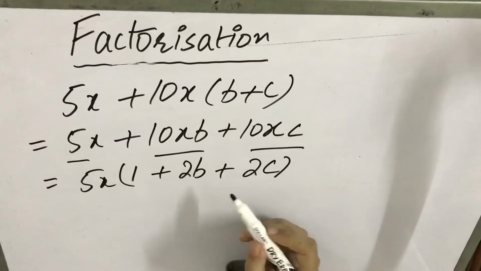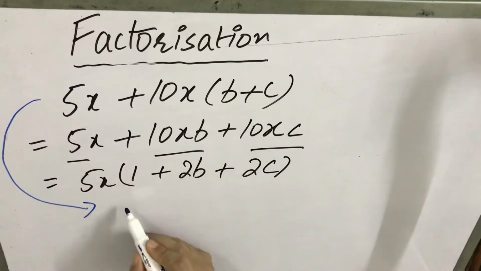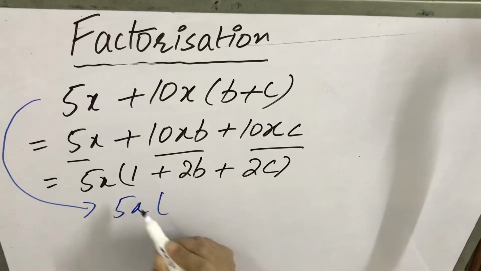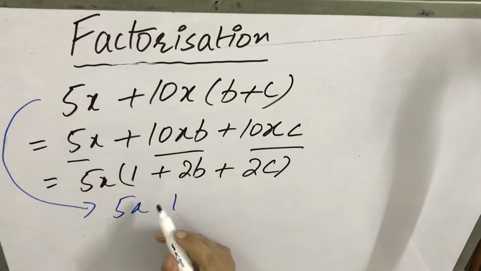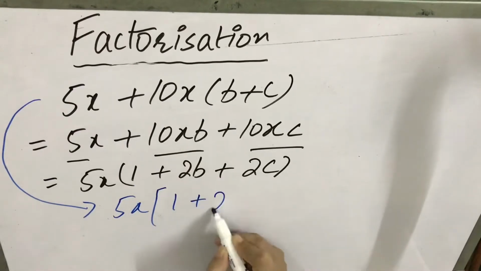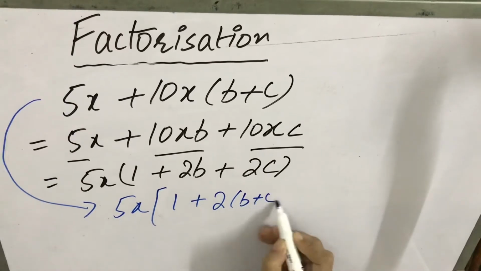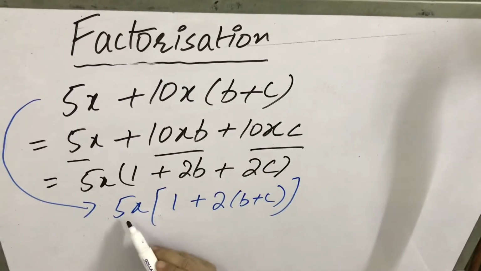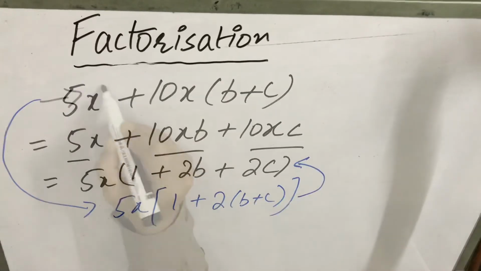You can also do this question directly: if you take 5x common, 1 is left here, and here in the bracket, 1 plus 5 2s are 10, x is outside, b plus c. Or if you open it, you can easily have 5x bracket 1 plus 2b plus 2c.